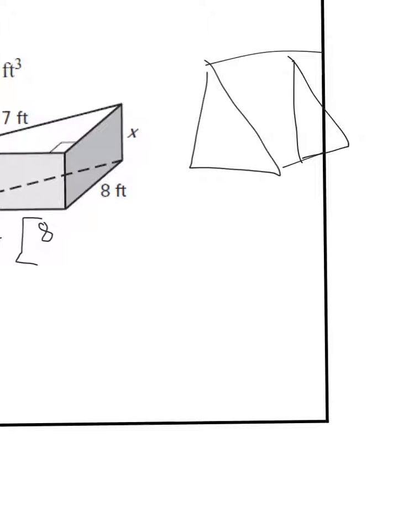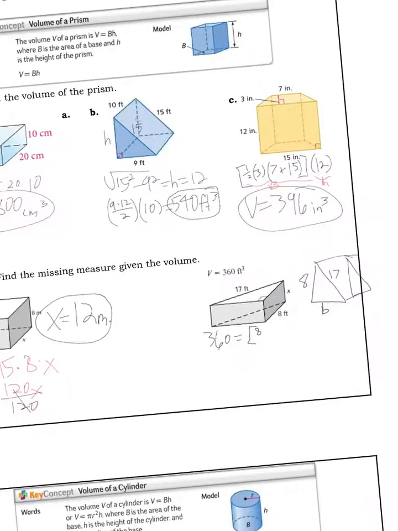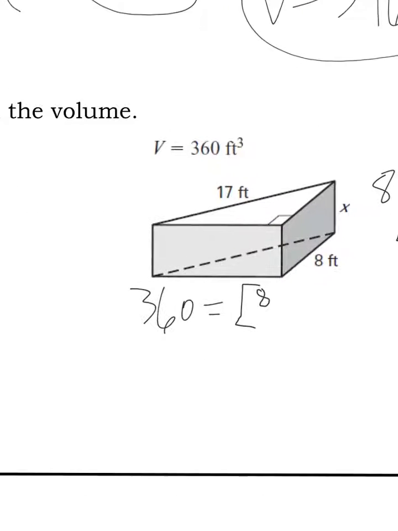Here's my triangular prism. It looks like 8 is one of those, so maybe this is 8 and this is 17. So guess what? We don't know our little b. So I have to repeat the process I did before of using the Pythagorean theorem.